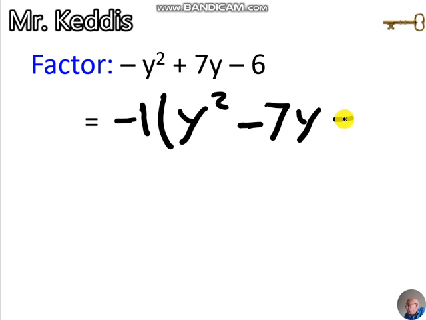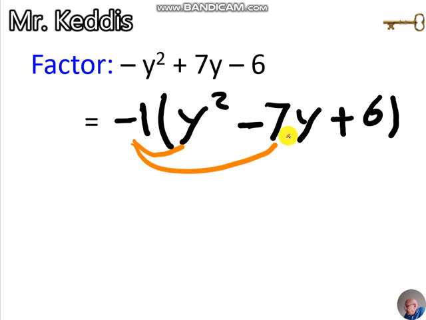You get negative times positive 6. Negative 1 times y squared, you get negative y squared. Negative 1 times the negative 7y, I get positive 7y. Negative 1 times positive 6, I get negative 6.